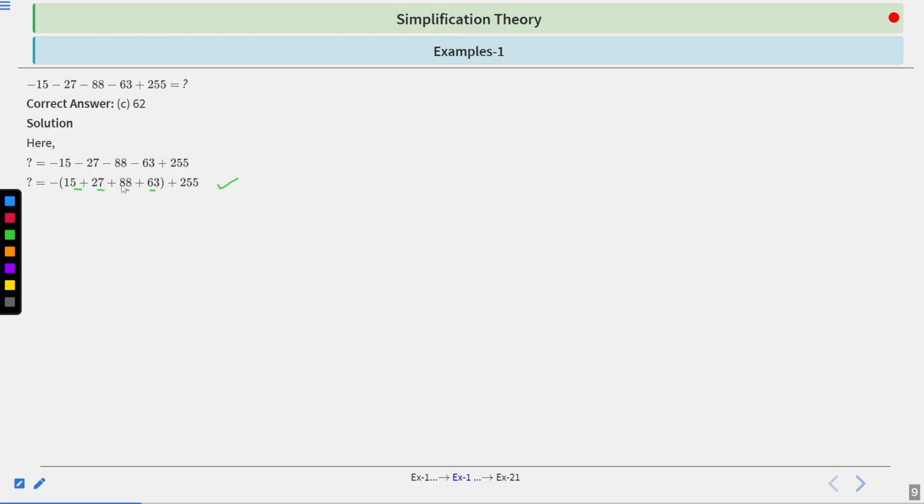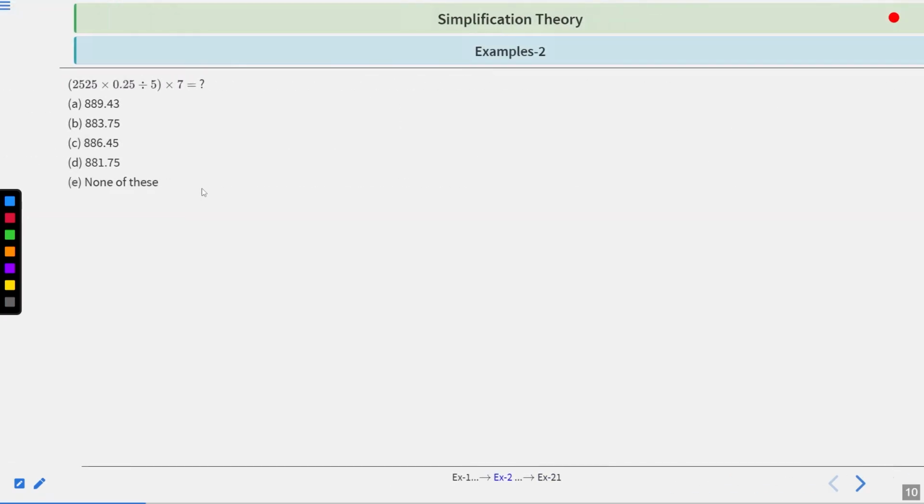When we add up, the number becomes 193, and minus is added because all the numbers are negative. Now the expression is minus 193 plus 255. 255 is positive and minus 193 is negative, so we subtract: 255 minus 193 equals 62. So C is the correct answer.